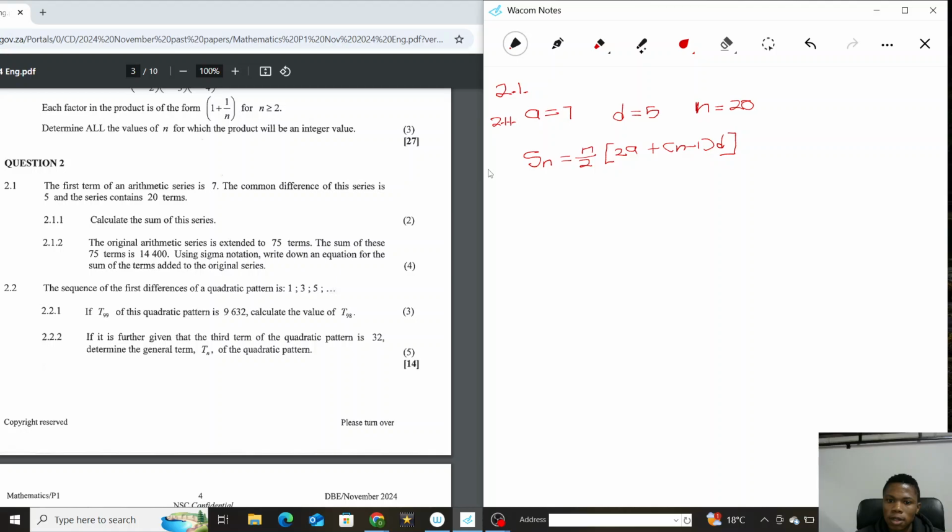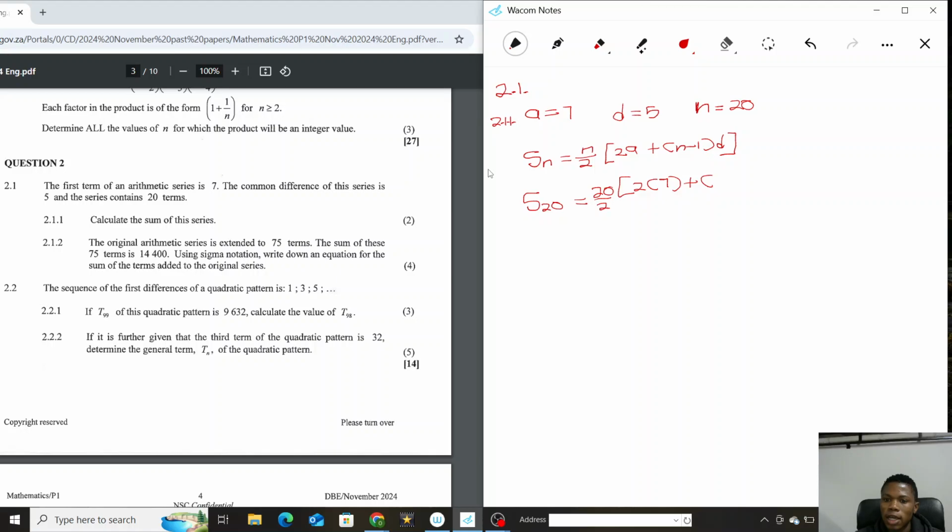Therefore, since n is 20, where you see n, you will put 20. This n represents the number of terms in this arithmetic series. So 20 divided by 2, times 2 times a, which is the first term, 7, plus n minus 1, which is 20 minus 1, times our common difference, 5.